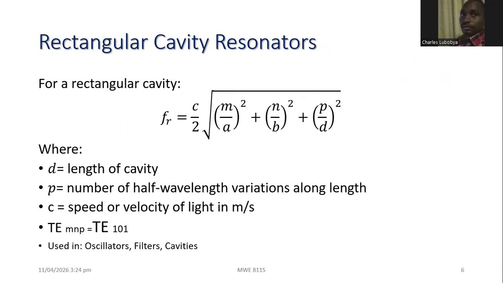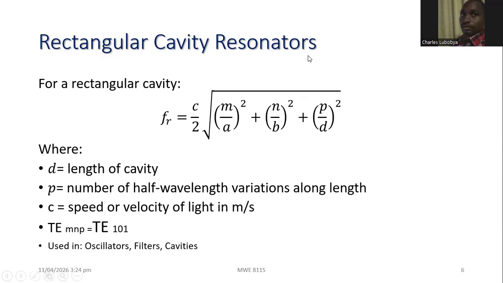Cavity resonators operate in a number of modes, and these modes are characterized by numbers m, n, and p, where m is 1 in the dominant mode, n is 0 in the dominant mode, and p is another 1 in the dominant mode.